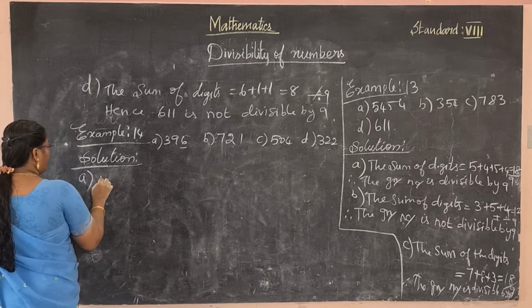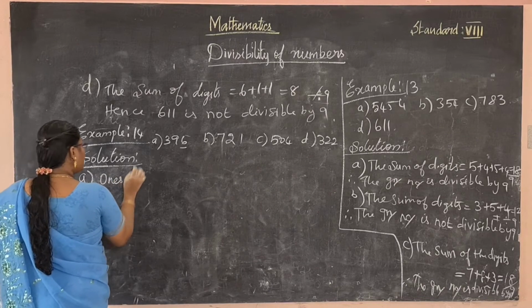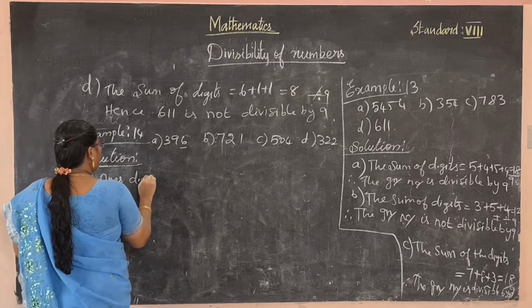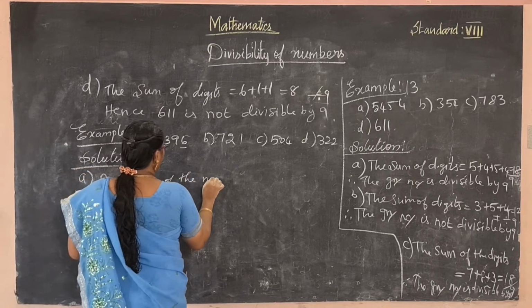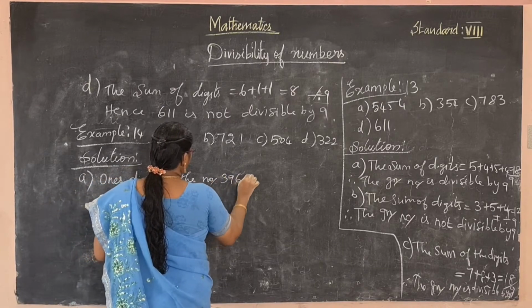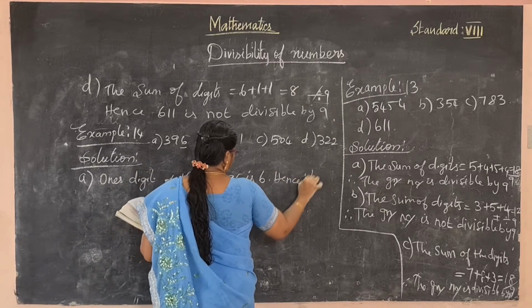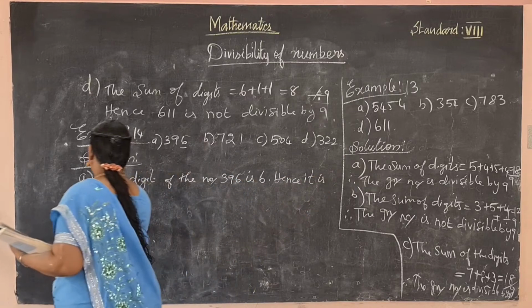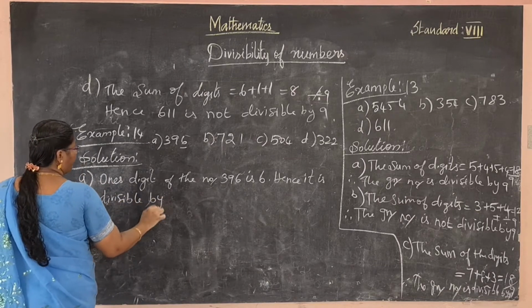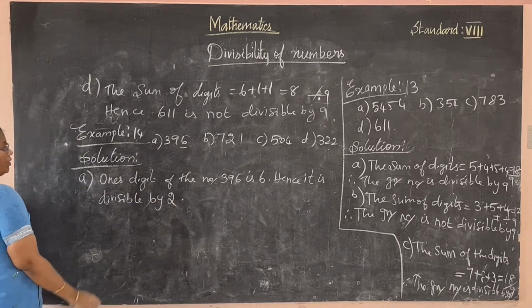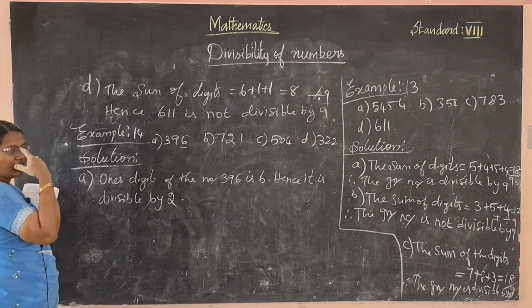Okay, so the ones digit of the number 396 is 6. Hence, it is divisible by 2. Okay, and also we have to verify the divisibility test of 3 also.